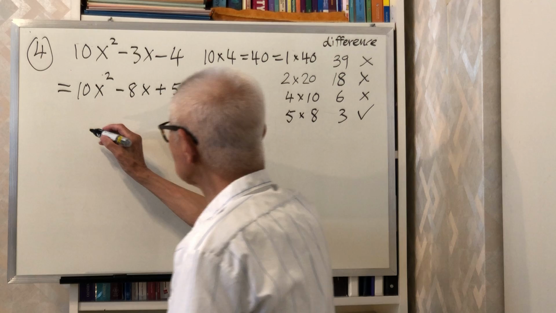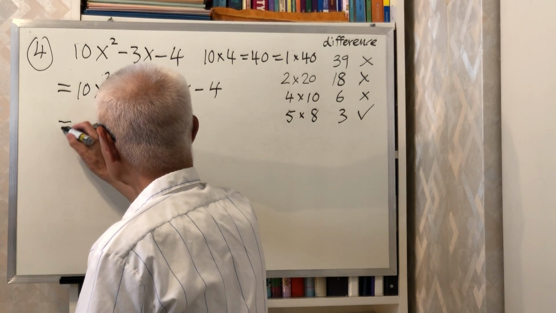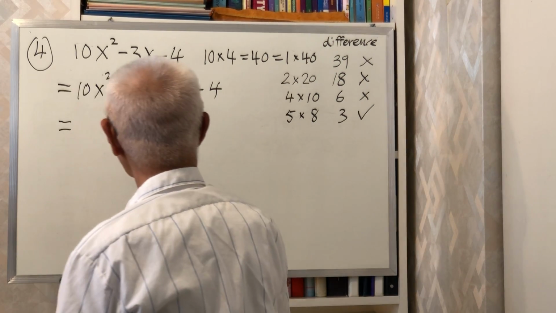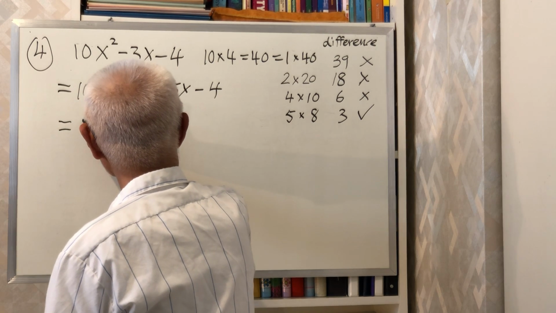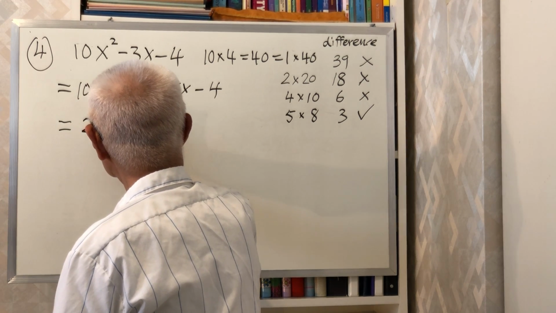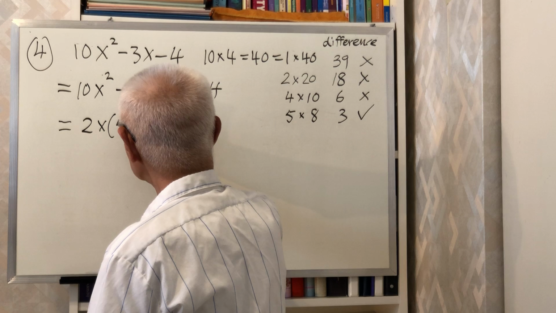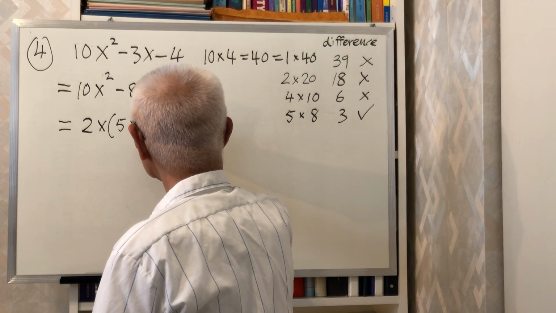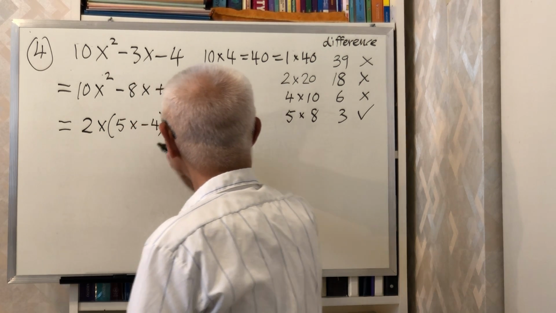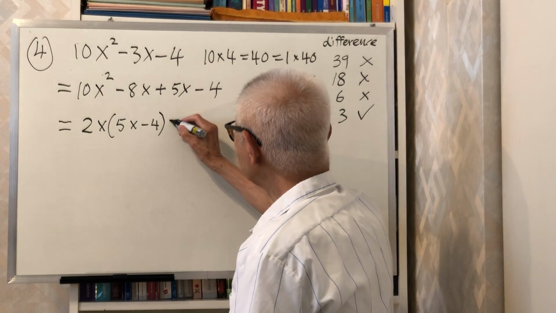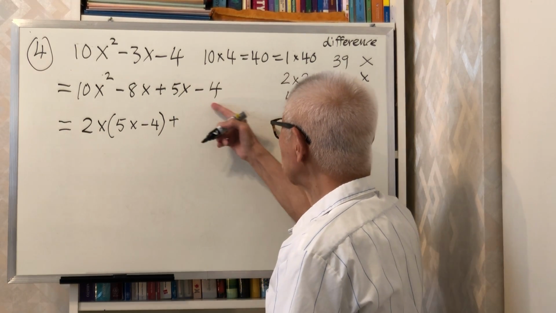So now I do further factoring. I can factor out 2x. So this gives me 5x minus 4. I put a bracket around the third and fourth term.